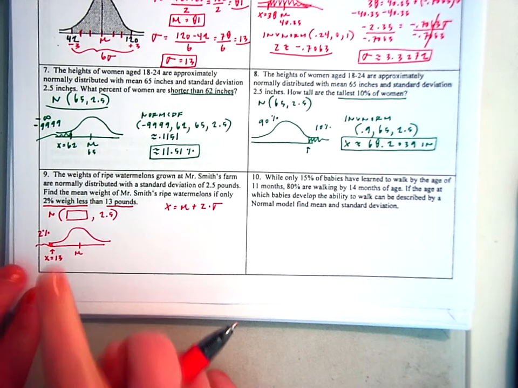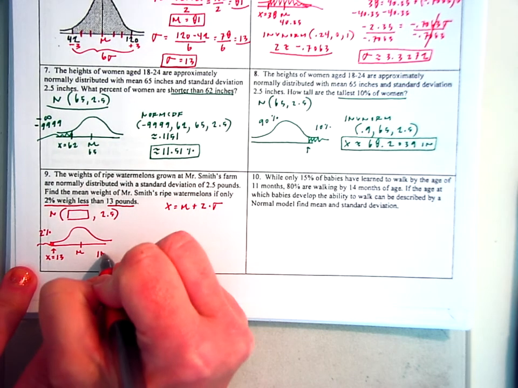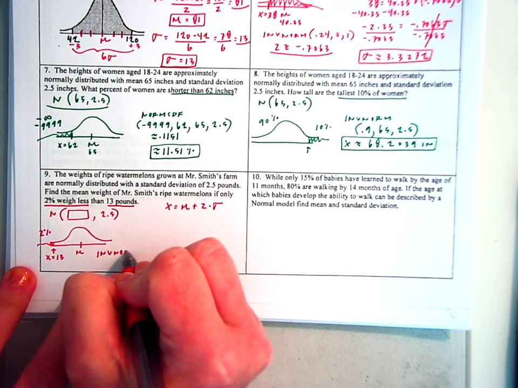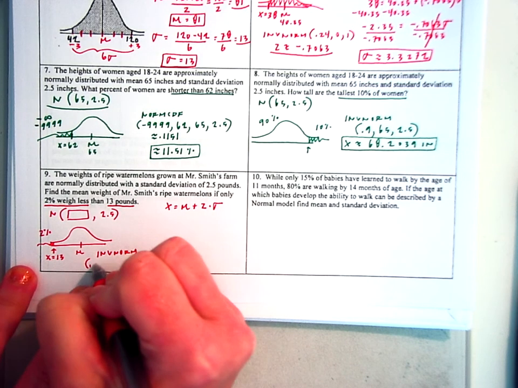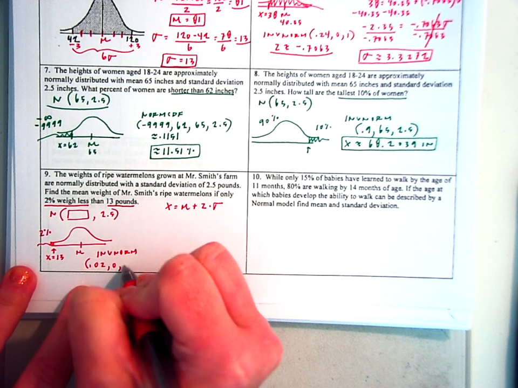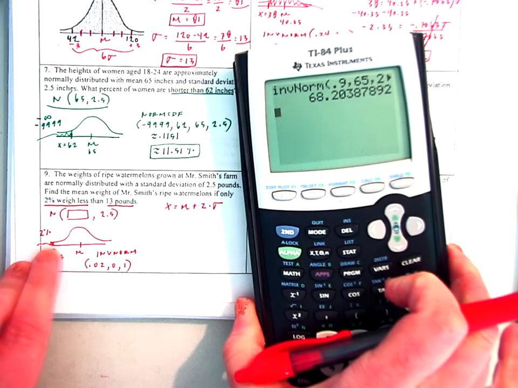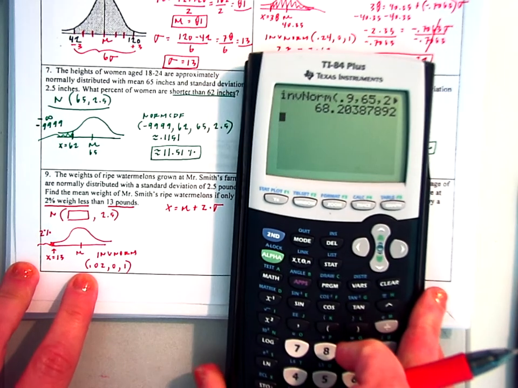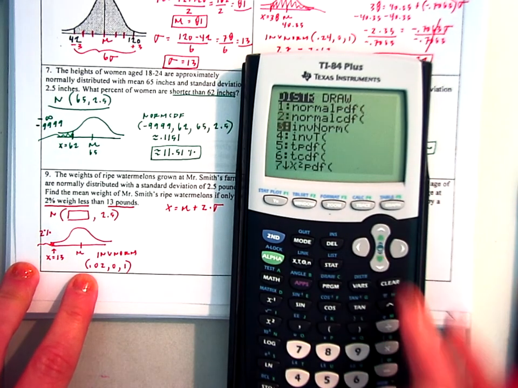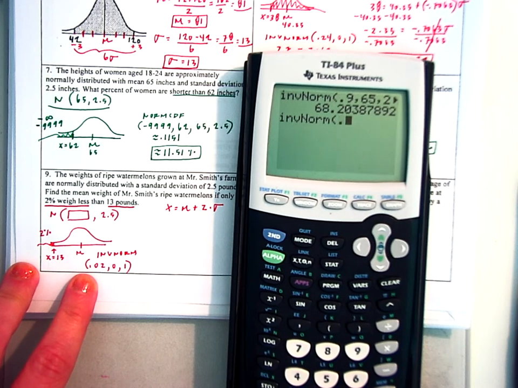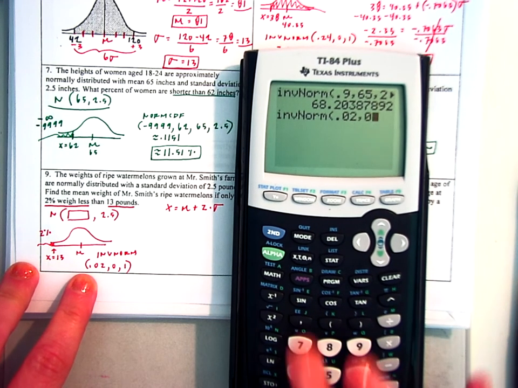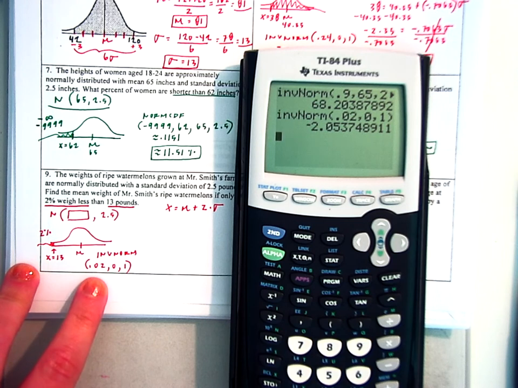So over here, I can do inverse norm 0.0201. So I can find out what is the z-score that goes with that proportion below. So here I'm going to do inverse norm 0.0201, just like that. So that's going to give me a z-score of negative 2.0537.